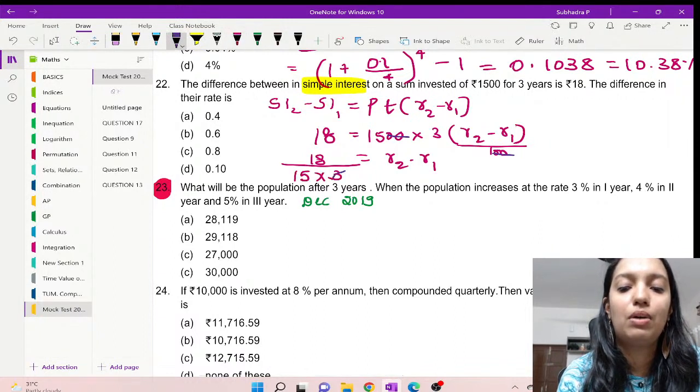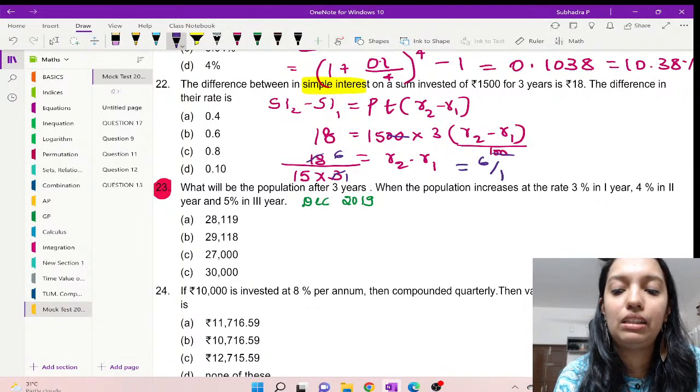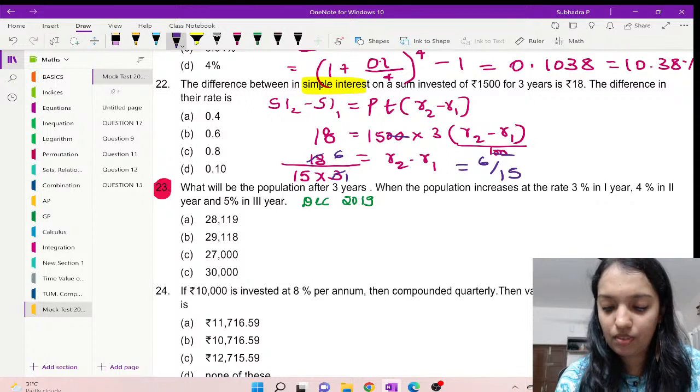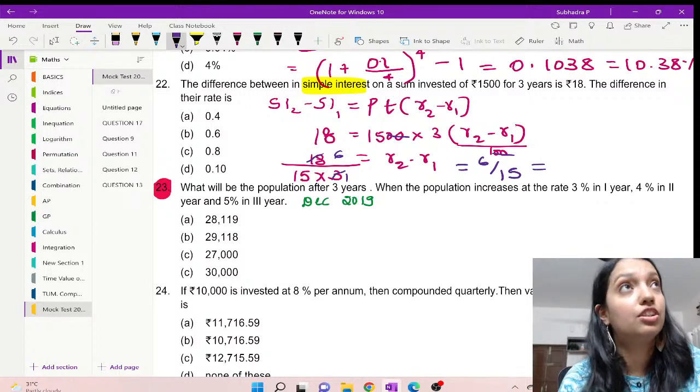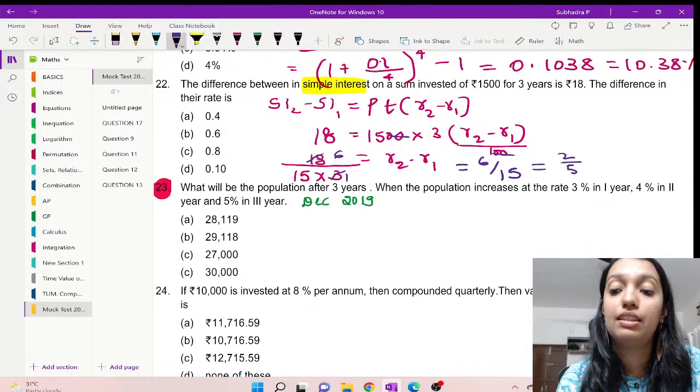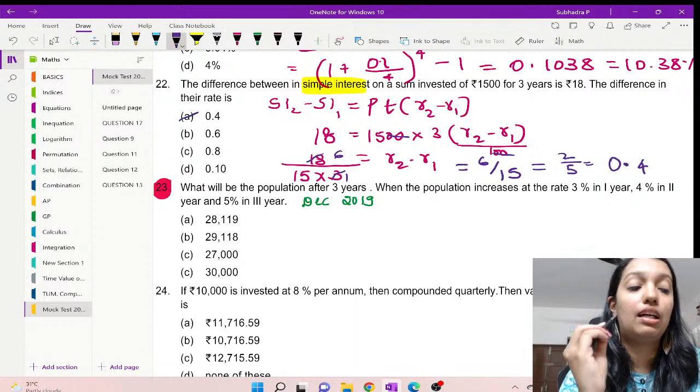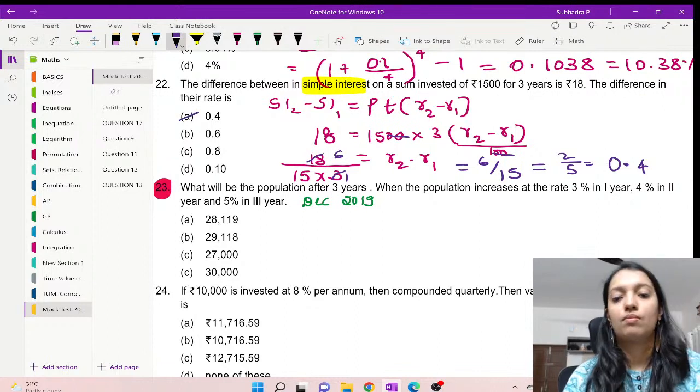So your final answer is 6 divided by 15. Can we further solve it? 3 twos are 6, 3 fives are 15. 2 divided by 5, or 0.4. Correct answer is option A. So this is how you solve difference between simple interest.